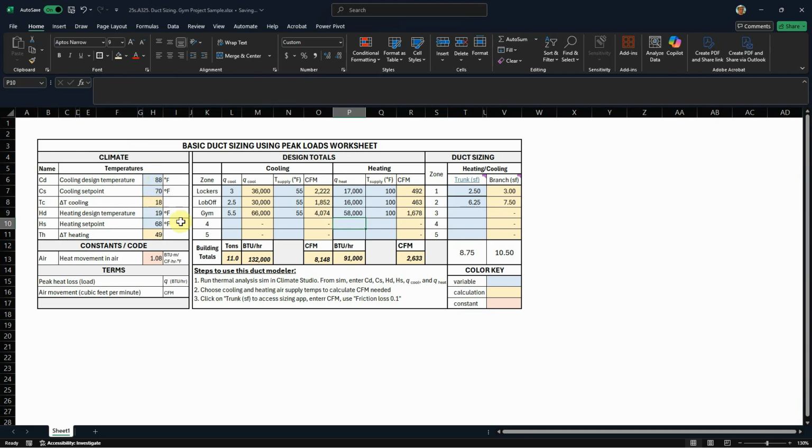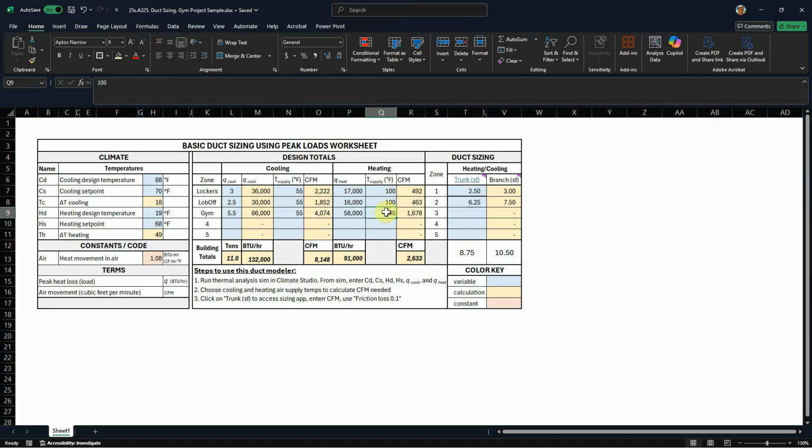This is the indoor temperature. We looked at the peak load in our simulation. We got 5.5 tons of peak cooling load. That translates into 66,000 BTUs per hour. And then we had 58,000 peak heating load. And by the way, this is more advanced, but we talked about it in class at one point.